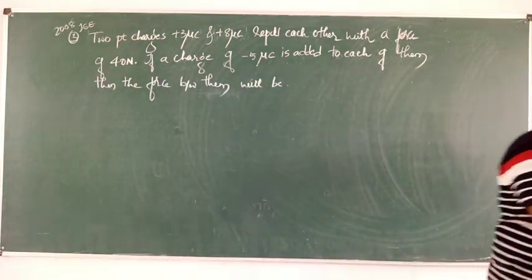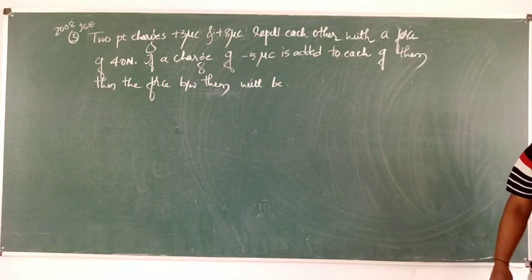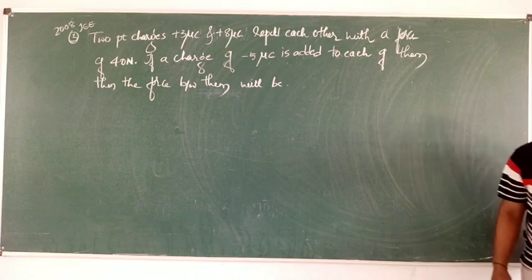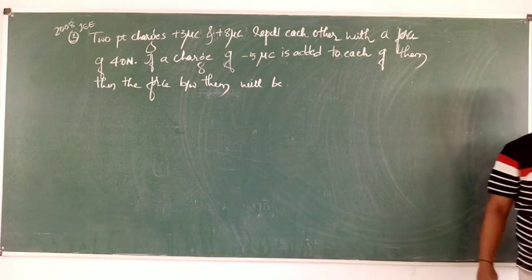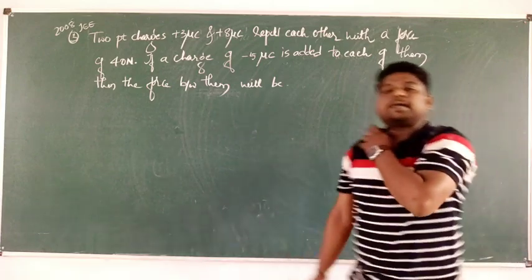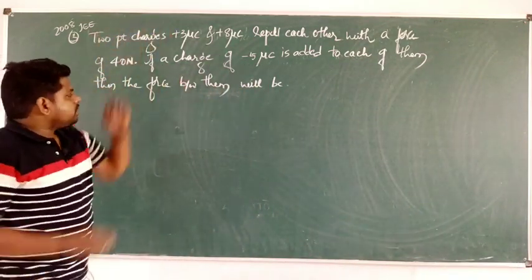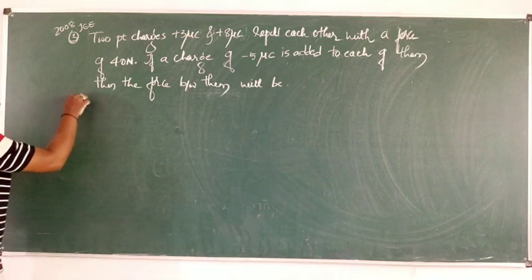Now pay attention to the question, understand it, and try to solve. It is also an easy one, but for this you will have to apply a little bit of logic as well as your common sense. Let us start. Two point charges are there.